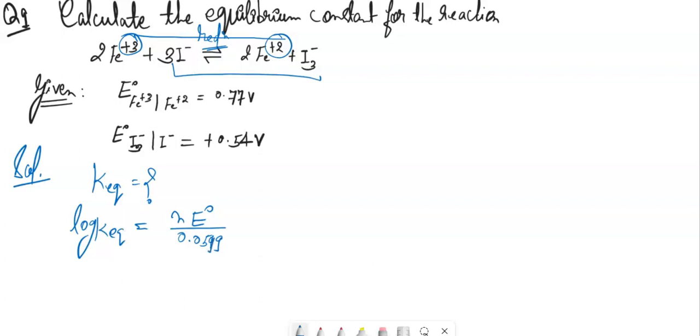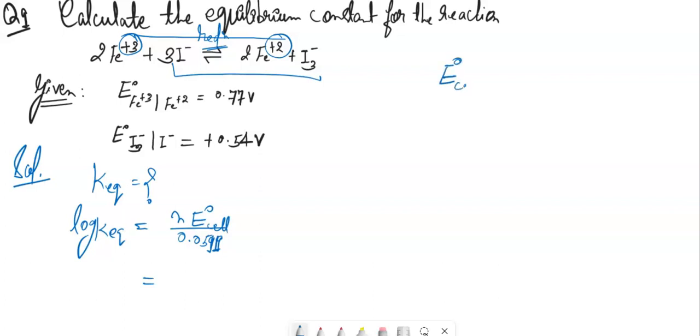That is the formula that we need to use. So what is the value of n? We need to calculate the value of n, and then the value of E naught cell. So let's see how to calculate E naught cell.